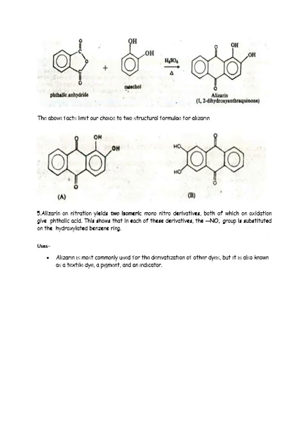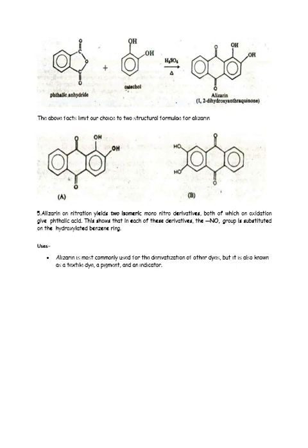In the reaction, phthalic anhydride reacts with catechol in the presence of sulfuric acid on heating to give alizarin, also known as 1,2-dihydroxyanthraquinone, in which both hydroxyl groups are substituted on the same ring at first and second positions. The above fact limits our choices to two structural formulas for alizarin, A and B.